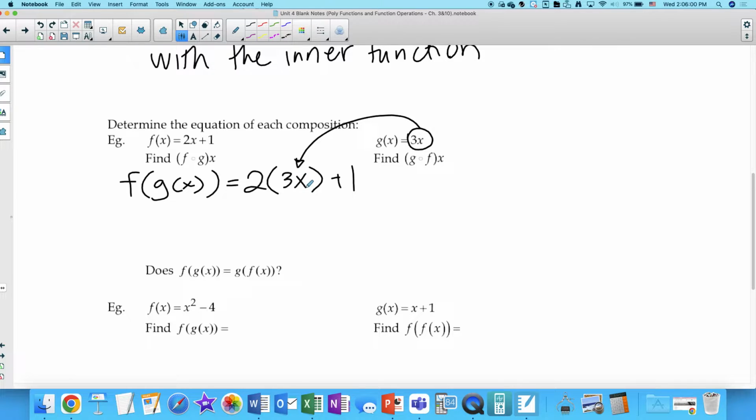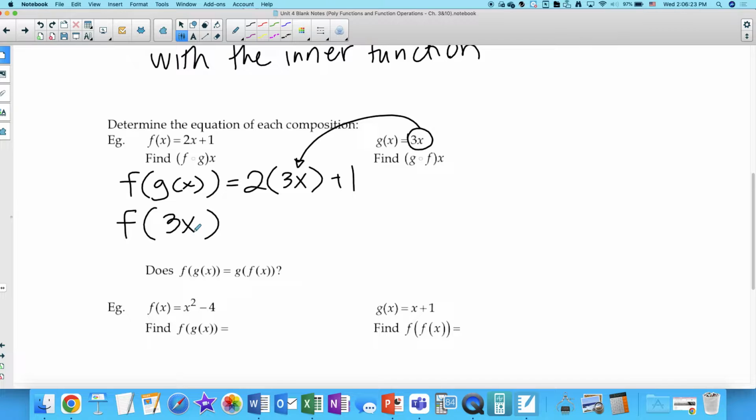Okay. If you want, you can break this down a little bit more. Especially when you're working with an outer function or an inner function that involves a few more terms, you could also write it this way. Instead of the g of x part, put the 3x in there.